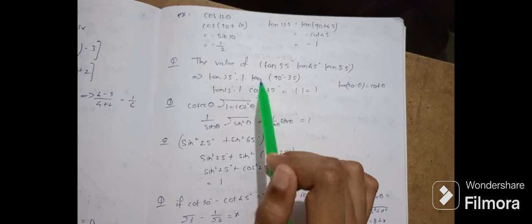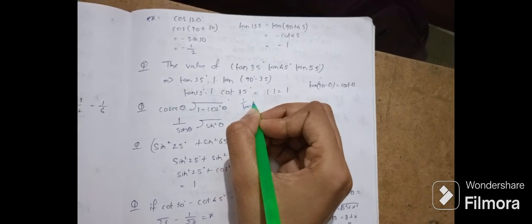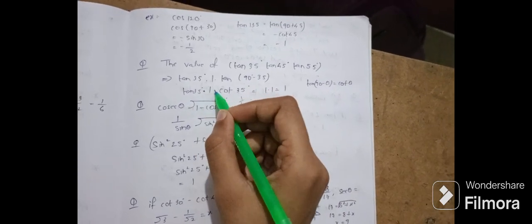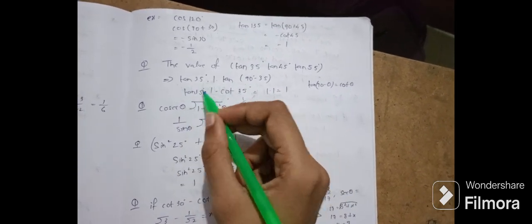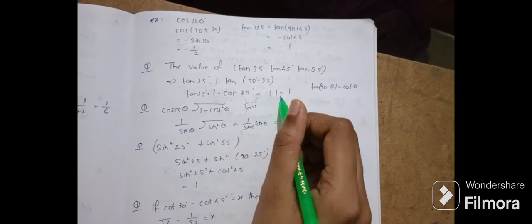It will directly change to cot 35 degrees, which can be written as 1 by tan 35 degrees. As we are multiplying the three of them, tan 35 will get cancelled, and the answer will be 1 here.